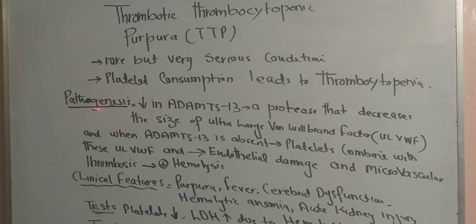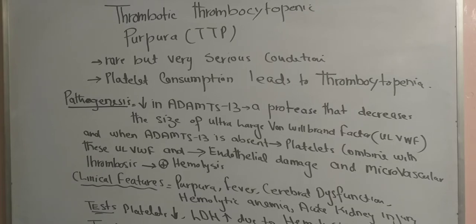What is the pathogenesis of the TTP or the thrombotic thrombocytopenic purpura? There is a protease which we know with the name of the ADAMTS13. ADAMTS13 is a protease that actually decreases the size of the ultra large von Willebrand factor or VWF.